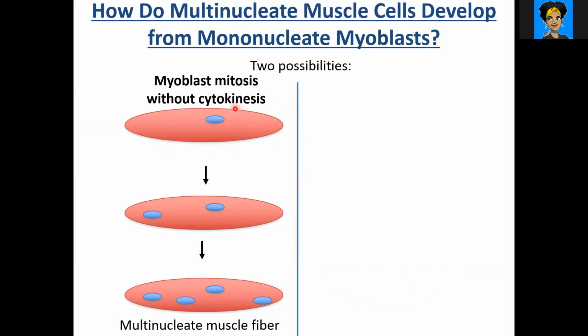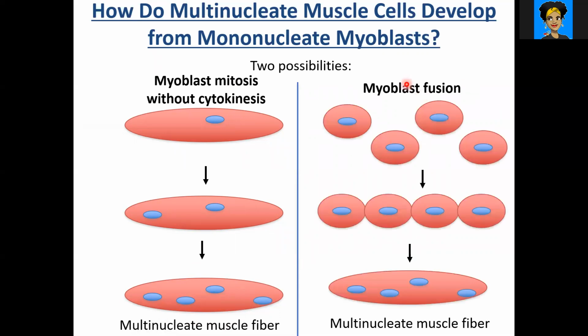We know that in Drosophila cleavage, you have that syncytial blastoderm and you have all those nuclear divisions, but no new cytoplasm is made. And that's essentially what's occurring in option one here. So you have the nucleus, genetic material gets multiplied, the nucleus divides, the cell remains the same size, so on and so on, right? Until you have a multinucleated muscle fiber.